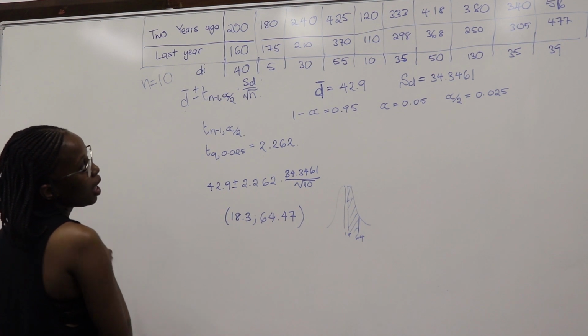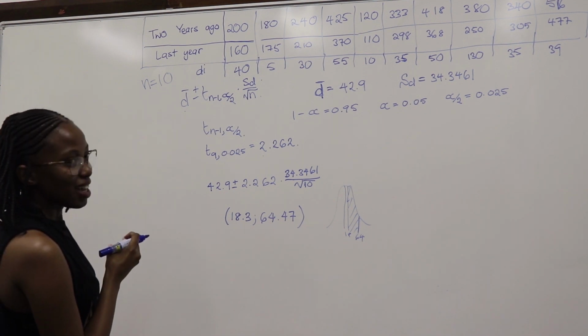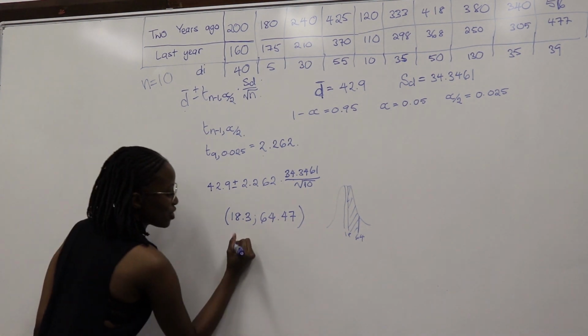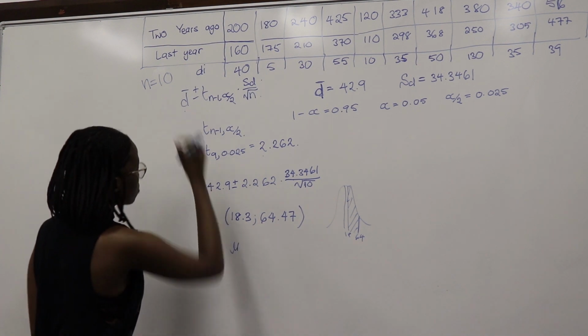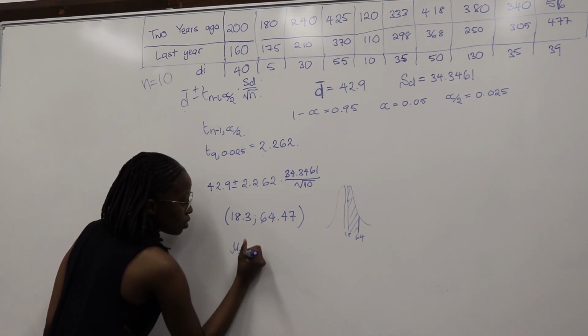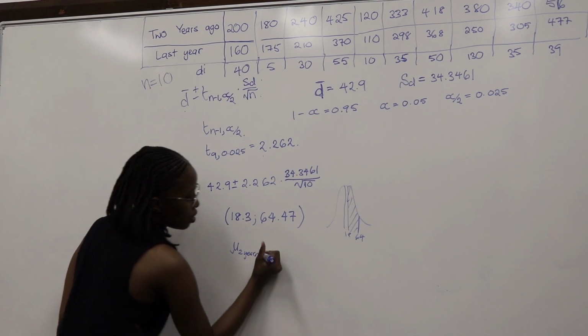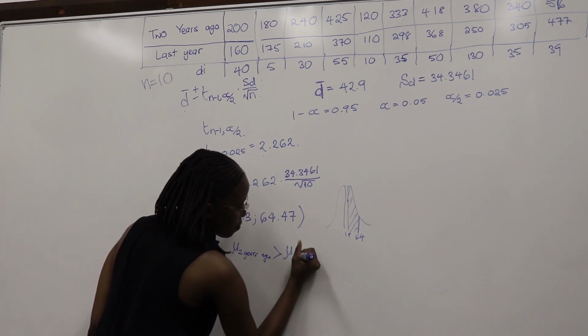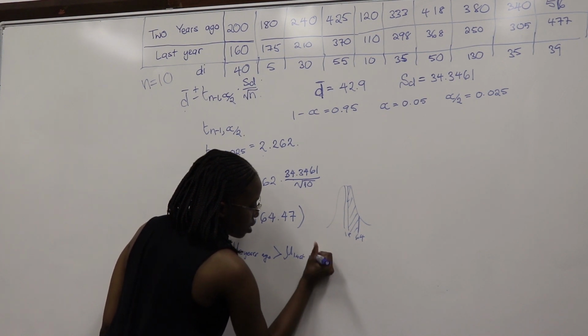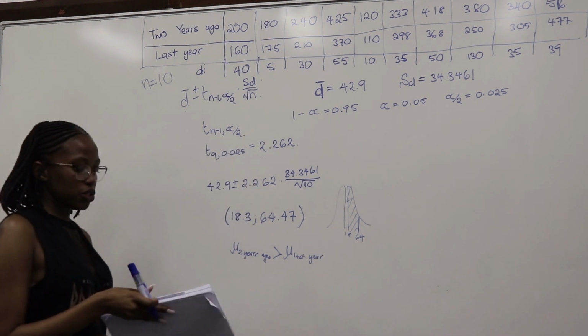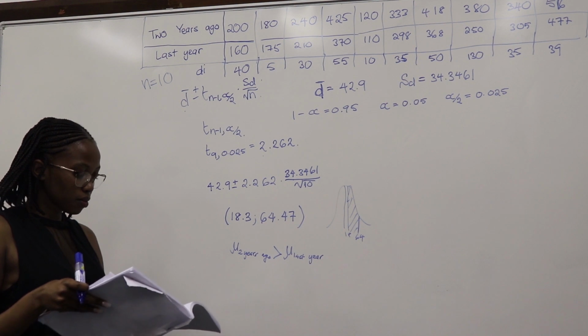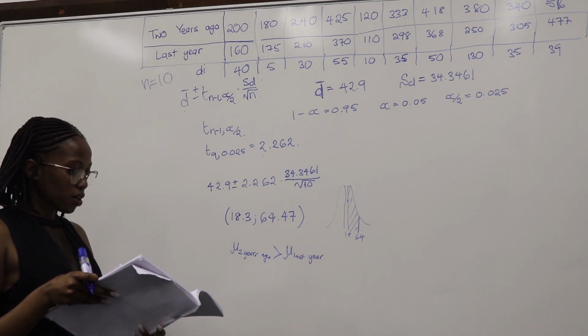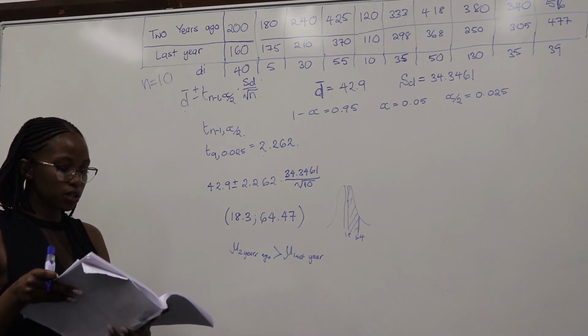I'm not sure what more to say, so let me just write that: mu from 2 years ago is greater than mu from the last year. Going back to the question, they were talking about how pricing policies can affect consumer behavior.